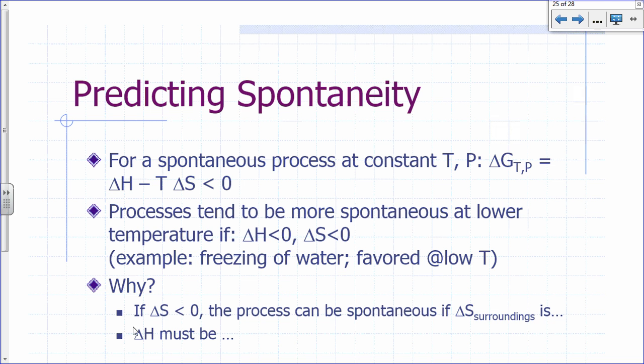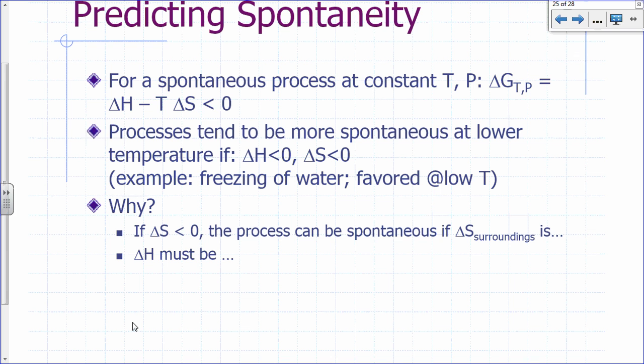Okay. What if delta H is negative and delta S is also negative? So delta H is negative, that's good, right? Because that would make the entropy of the surroundings positive, an increase. And delta S negative, that's bad.